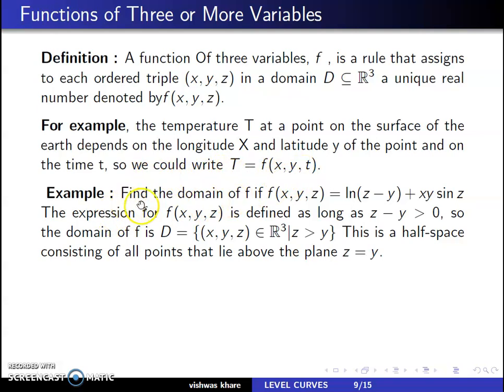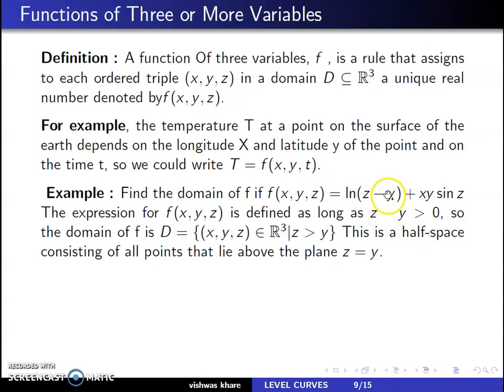For example, find the domain of f if f(x, y, z) is equal to logarithm of (z minus y) plus x y sin z. The expression for f(x, y, z) is defined as long as z minus y is greater than 0. Why is this so?